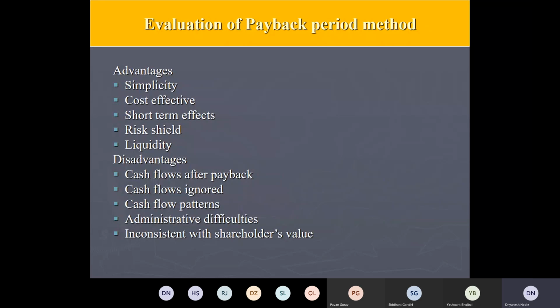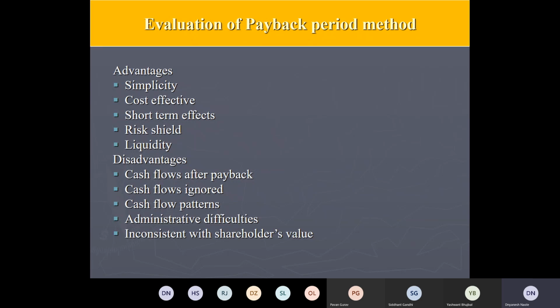Then the liquidity. This is another advantage: the earlier we recover our investments, the more liquidity we have available, which could be invested in other better options.